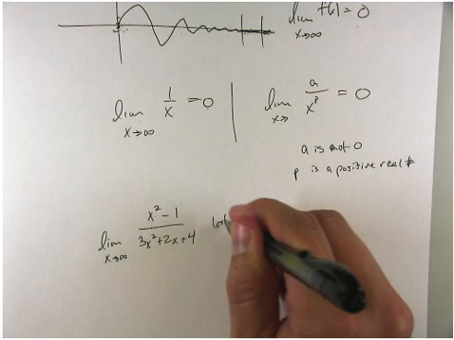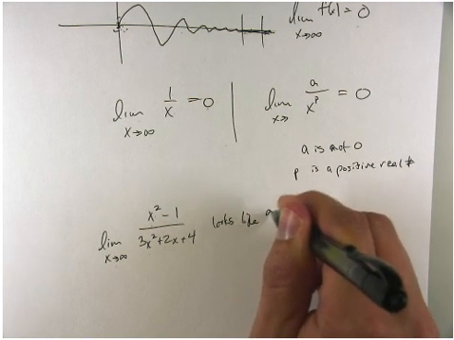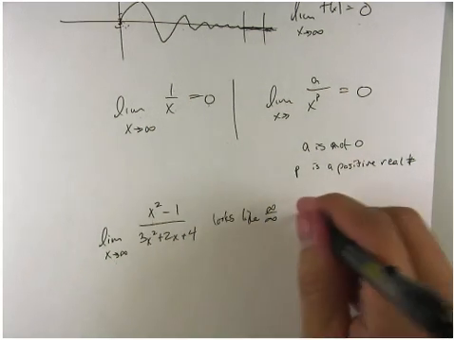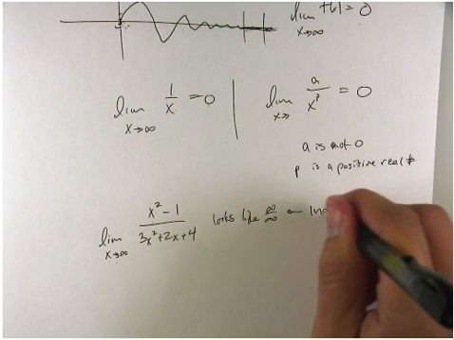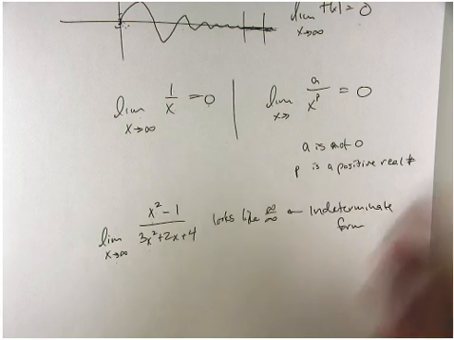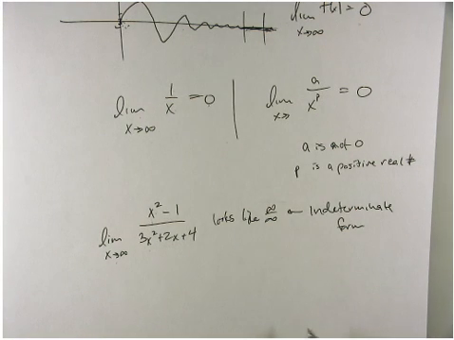This looks like infinity over infinity. The top is getting infinitely big, and the bottom is getting infinitely big. This is another indeterminate form, just like 0 over 0.